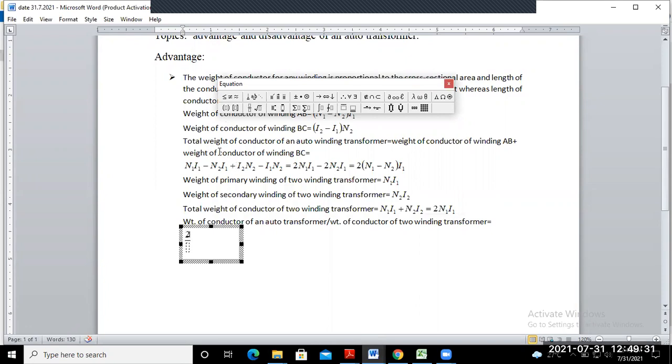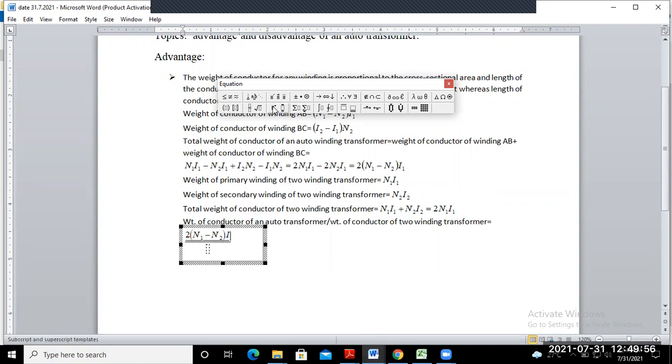2 times of (N1 minus N2) into I1, divided by 2 times of N1 I1.